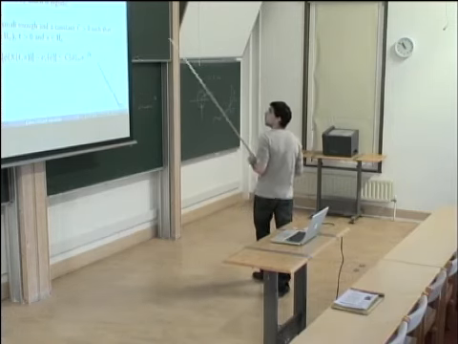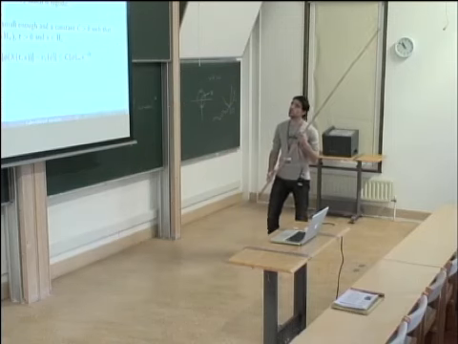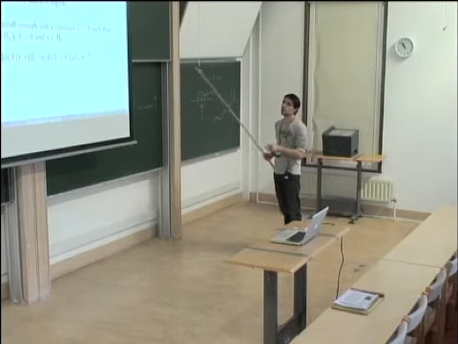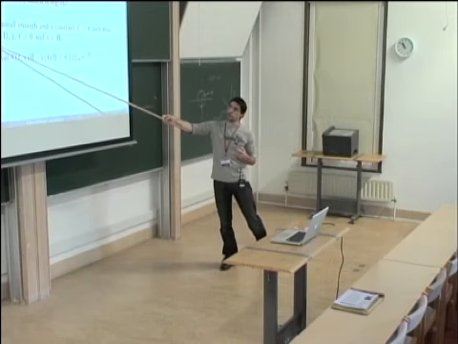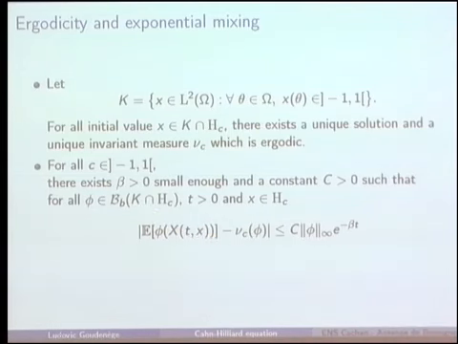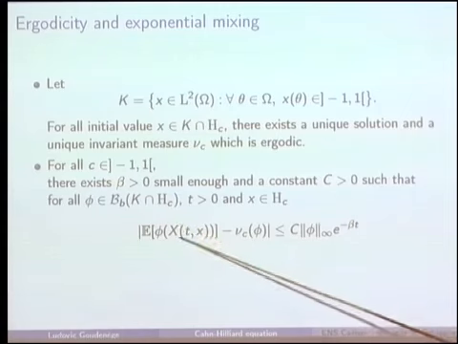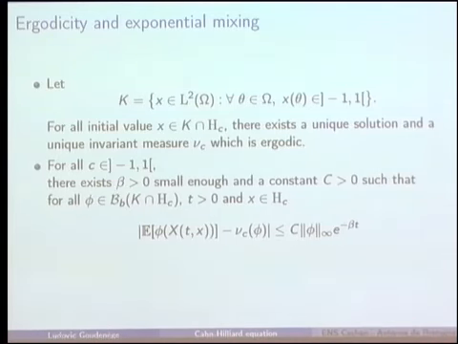Moreover, if C is in the interior of the domain -1, 1, there exists some beta small enough and a constant C such that for all test functions, some bounded Borel function, you have this estimation. This is the solution of the problem. So you take this average of the problem.